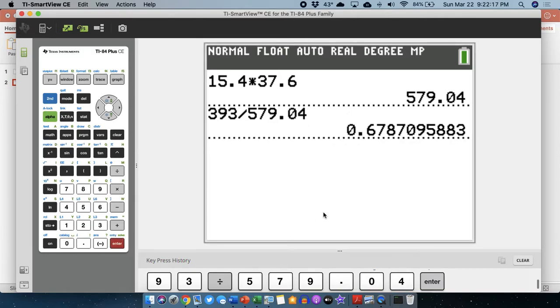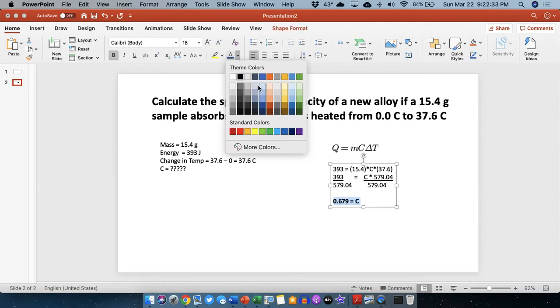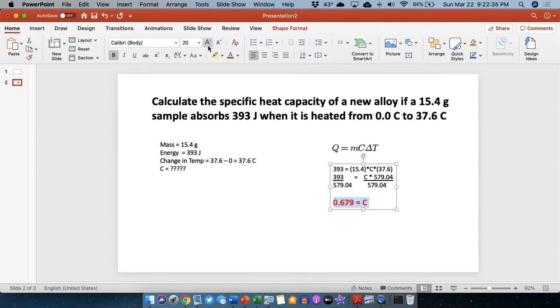And I get, hey, what do you know, a decimal number. 0.67, we'll round out to 9. 0.679. So 0.679 is going to be the specific heat of this new alloy. And that, my friends, is our final answer. Boom, that's it. That's all we're looking for. All right? That's it. That's the beginning and end of specific heat.